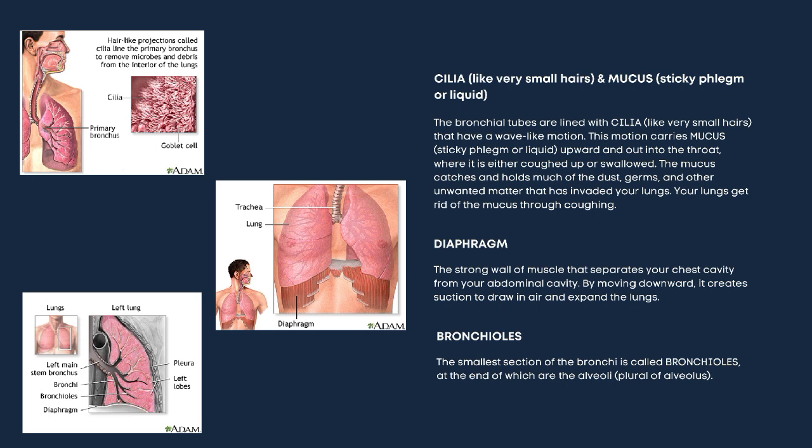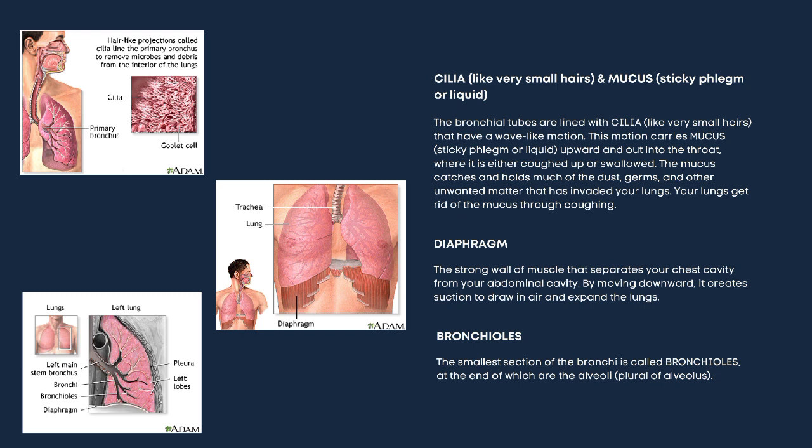So we have here cilia and mucus. Cilia are tiny hairs that help clean the air before it goes to the lungs. The bronchial tubes are lined with cilia that have a wave-like motion. This motion carries mucus, the sticky phlegm or liquid, upward and out into the throat, where it is either coughed up or swallowed. The mucus catches and holds much of the dust, germs, and other unwanted matter that has invaded your lungs.